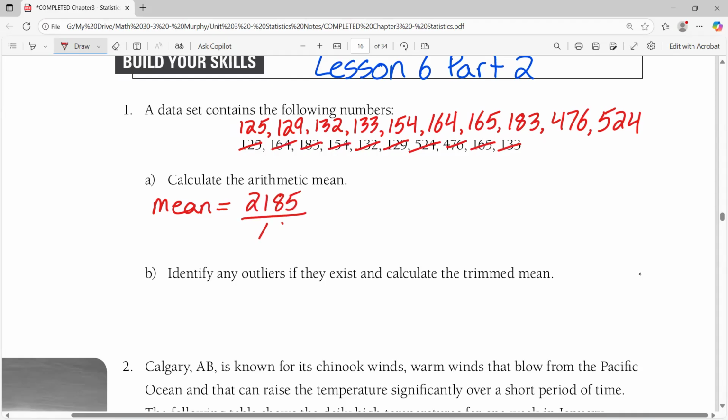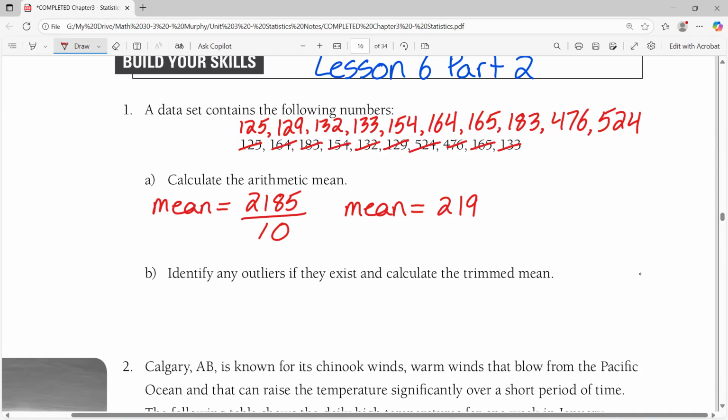And we divide it by 10. So our average will come out to 218.5, so we'll go to 219.